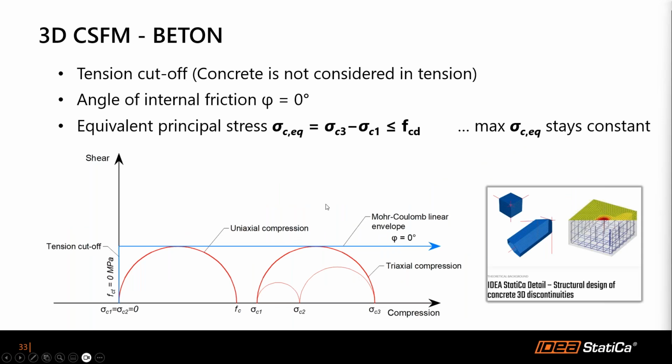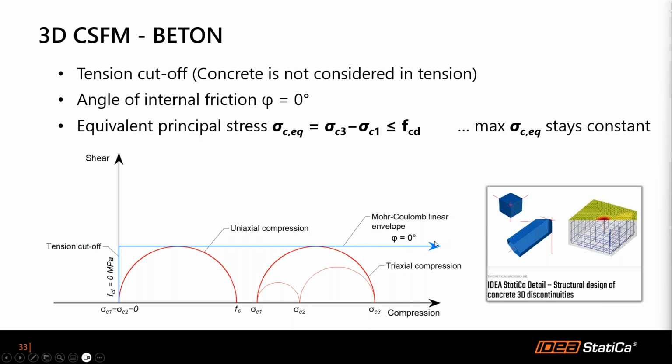So here is the Mohr-Coulomb model, which can be found in the 3D CSFM method. We see the tension cutoff. There's nothing acting in tension, only in compression. And the blue line demonstrates the linear Mohr-Coulomb plasticity envelope, with the angle of internal friction constant, set to 0 degrees.